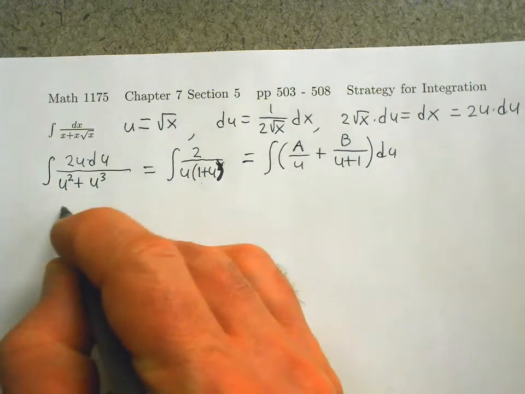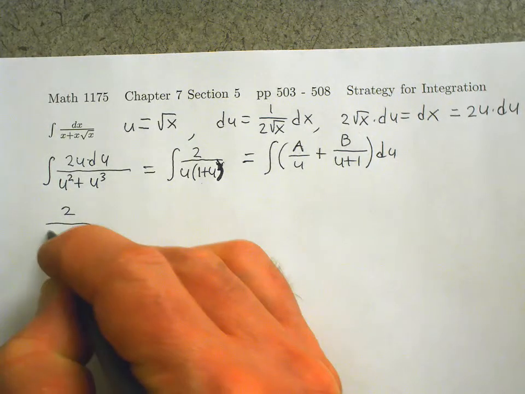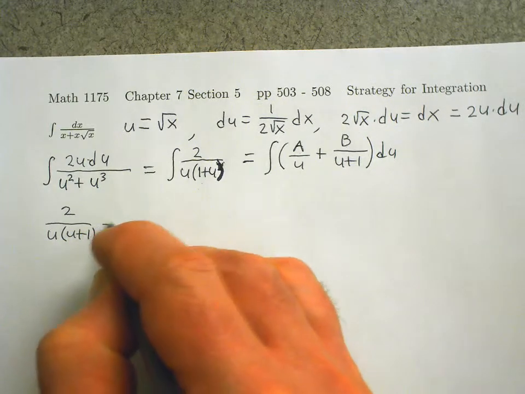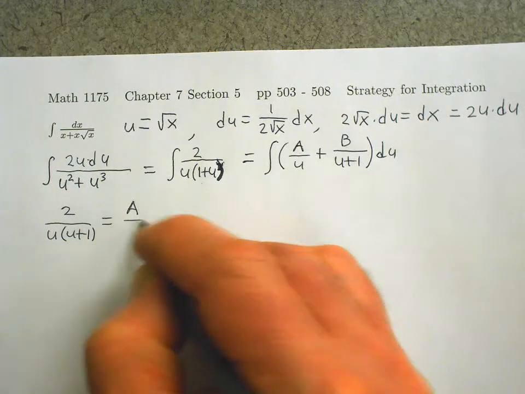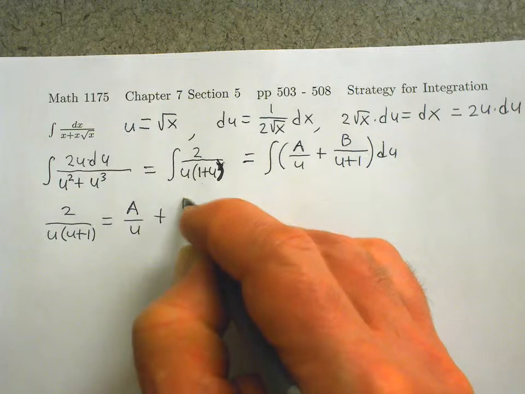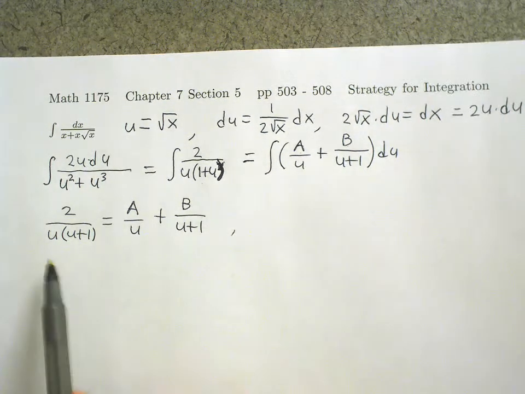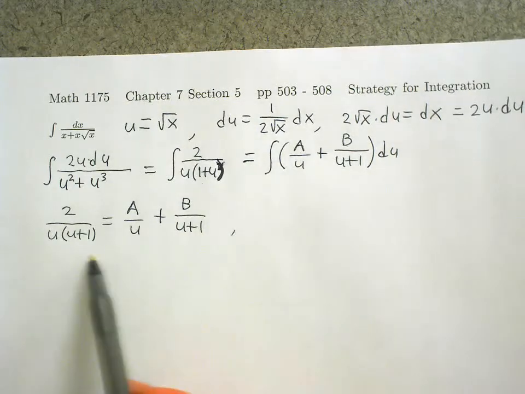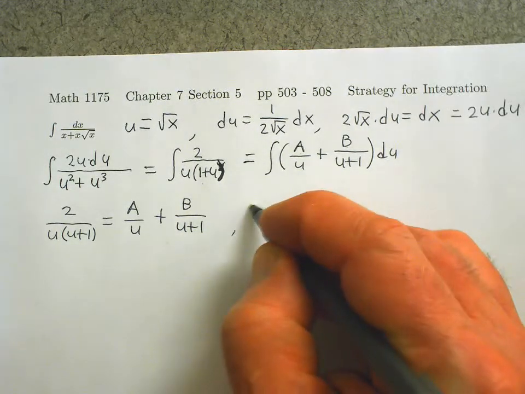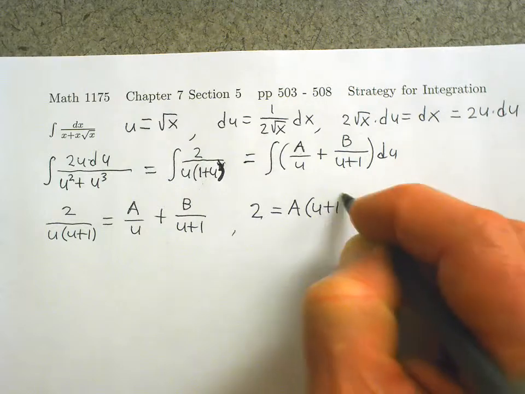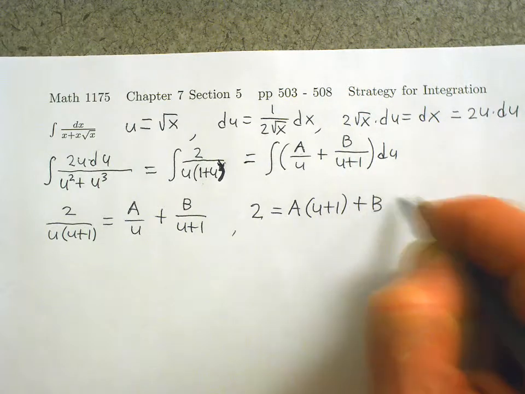We have 2 over u times u plus 1 equals a over u plus b over u plus 1. We multiply every term on both sides by u times u plus 1, and we get this equation. 2 equals a times u plus 1 plus b times u.